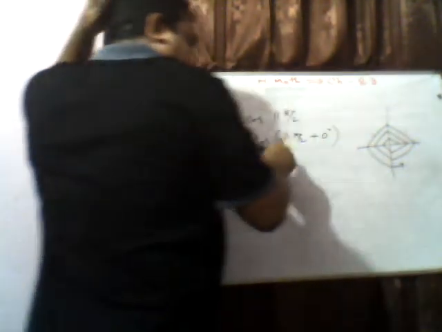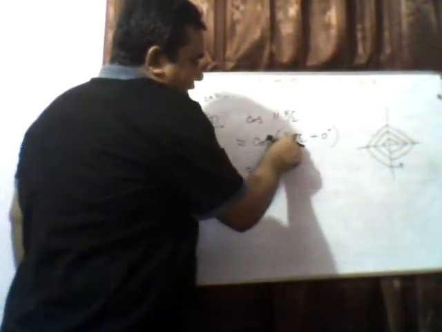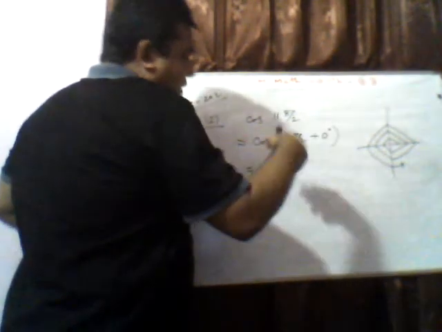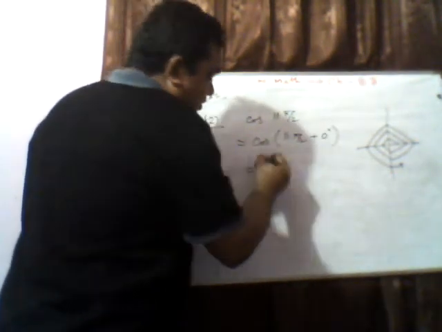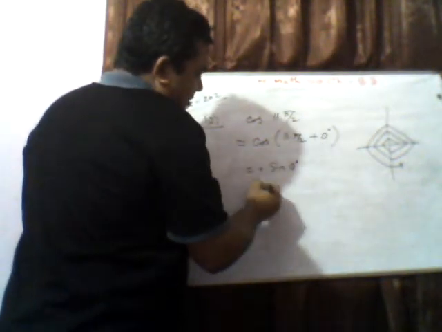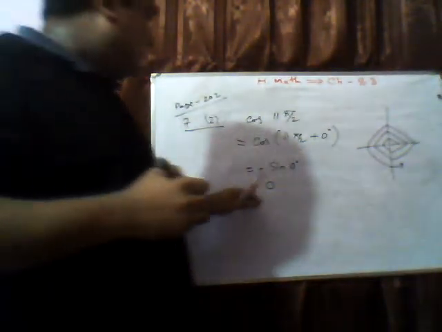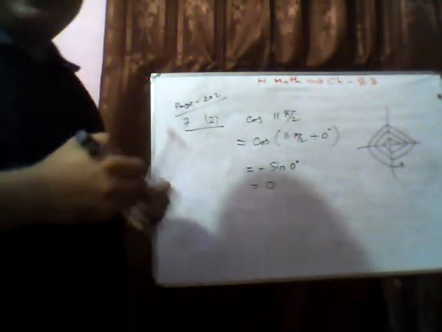Then we see whether there is a change or no change. The coefficient of π/2 is 11. 11 is an odd number, so cos changes to sine 0°. What is the value of sin 0°? 0. So this is the equation solved, and this is the solution.